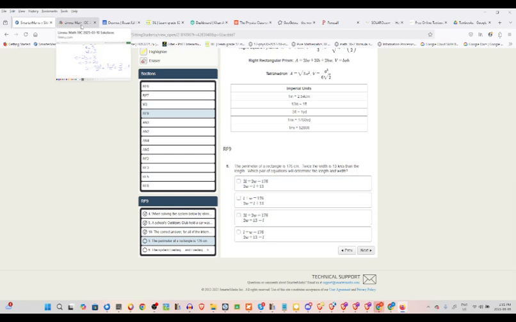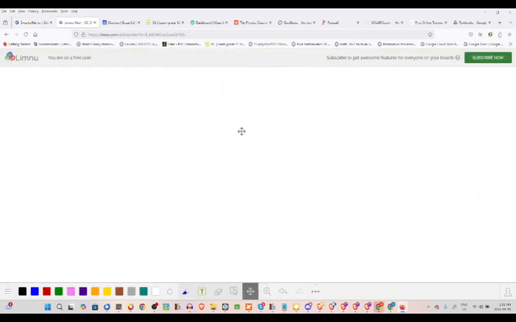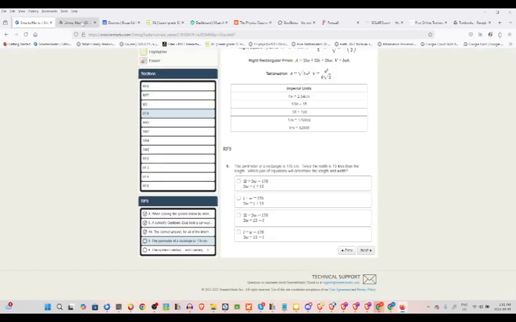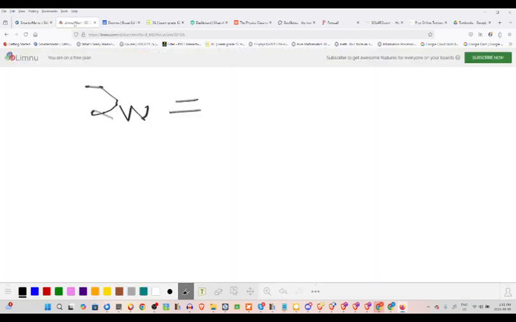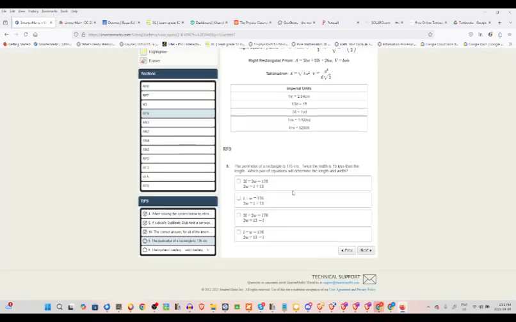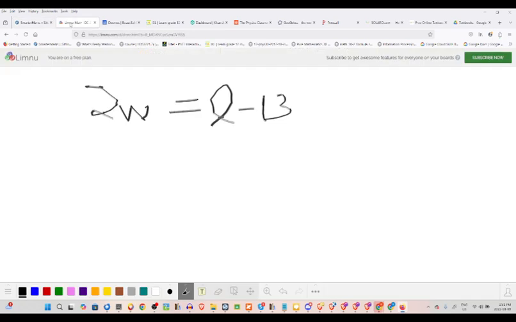Twice the width is 13 less than the length. So we have twice the width is, any conjugation of the verb to be becomes our equal sign, 13 less than the length. That's length minus 13. We don't have any minus signs. So we can add 13 to both sides.